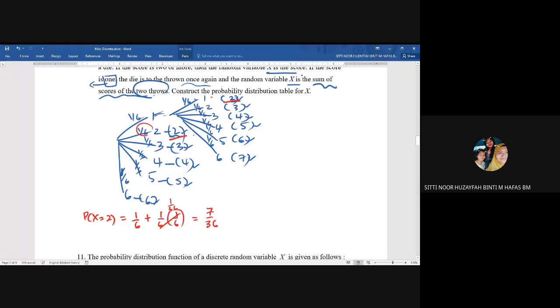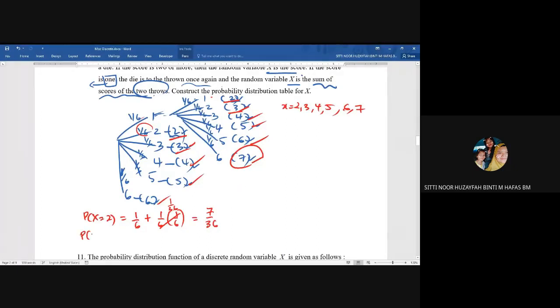So the next value we have is 3. So we have x equal to 2, then 3, then 4, then 5, then 6, and lastly 7. Okay, so we have to find the probability for each of these values of x. We have found x equal to 2.